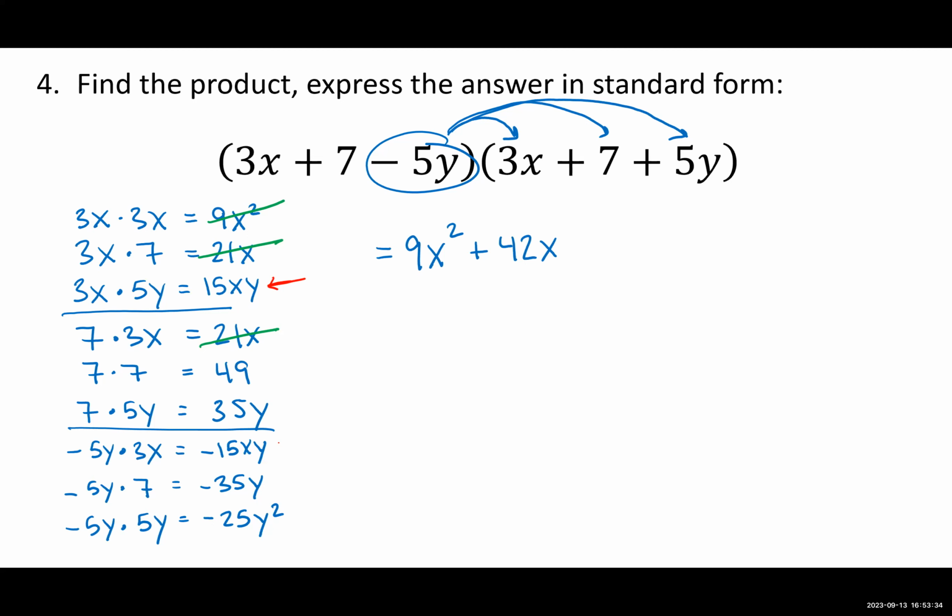And then down here, we've got a negative 15xy. So the two terms that both have an xy, oh, they're equal but opposite. One is a positive 15, one is a negative 15. So these two cancel. Positive 15xy, negative 15xy, these guys cancel each other out.